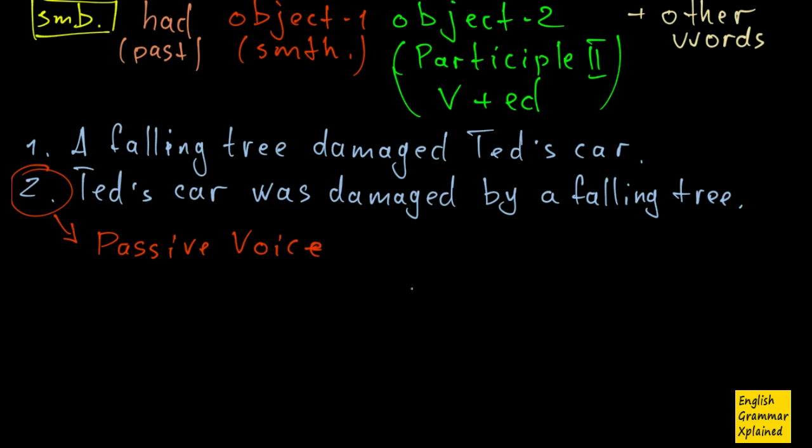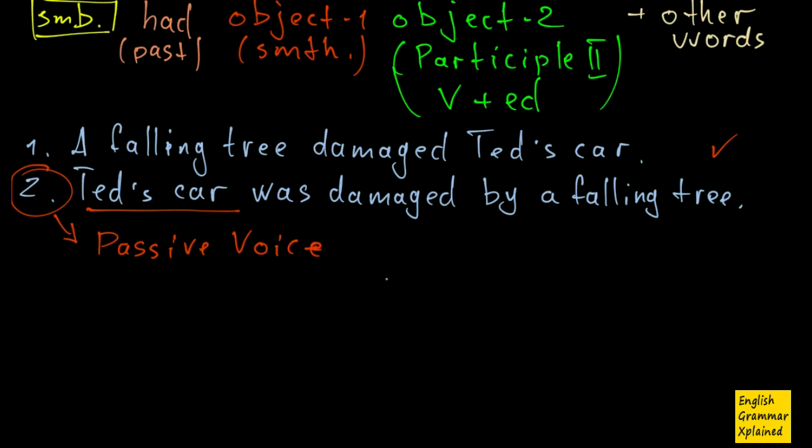Here I say exactly the same thing as in the first sentence. That's exactly the same. But more attention is paid to the car than to Ted and to the falling tree. This sentence is very formal.